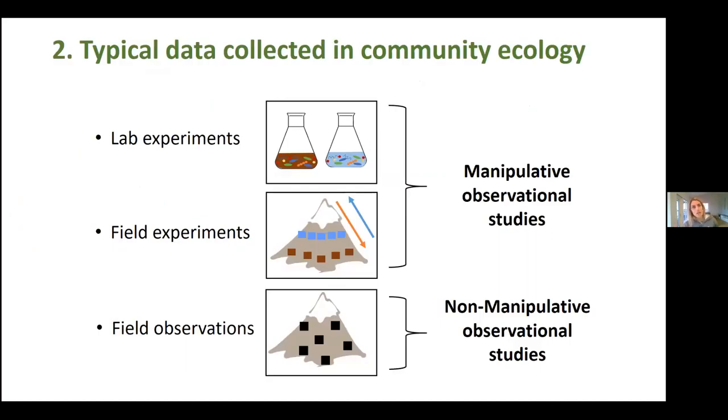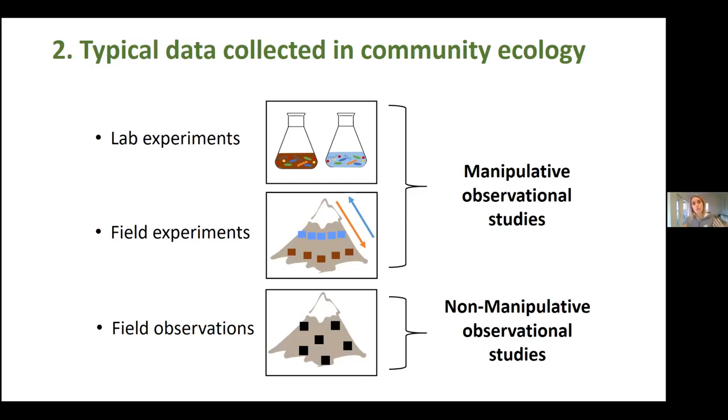So let me start with the very general and a bit boring topic that in community ecology we can collect the data either from experimental studies or from non-manipulative field observations.